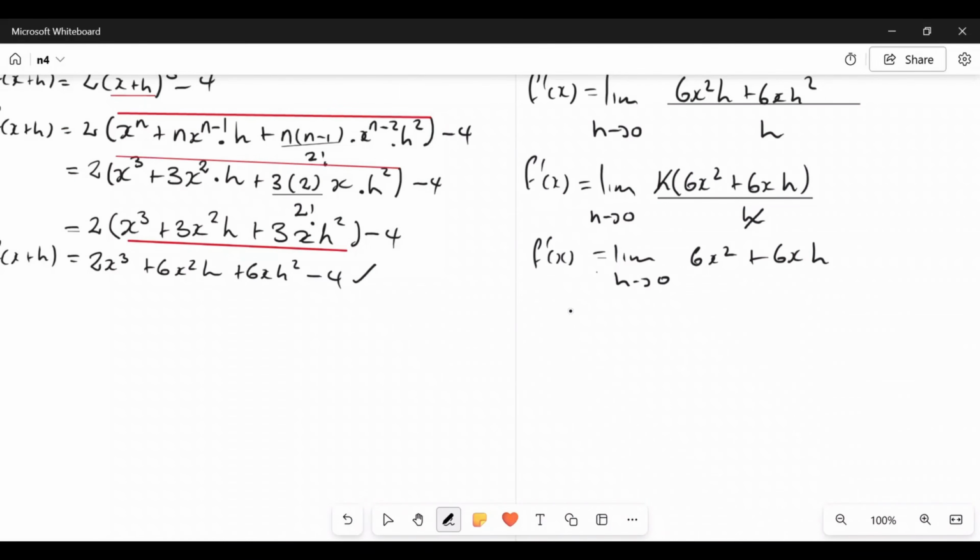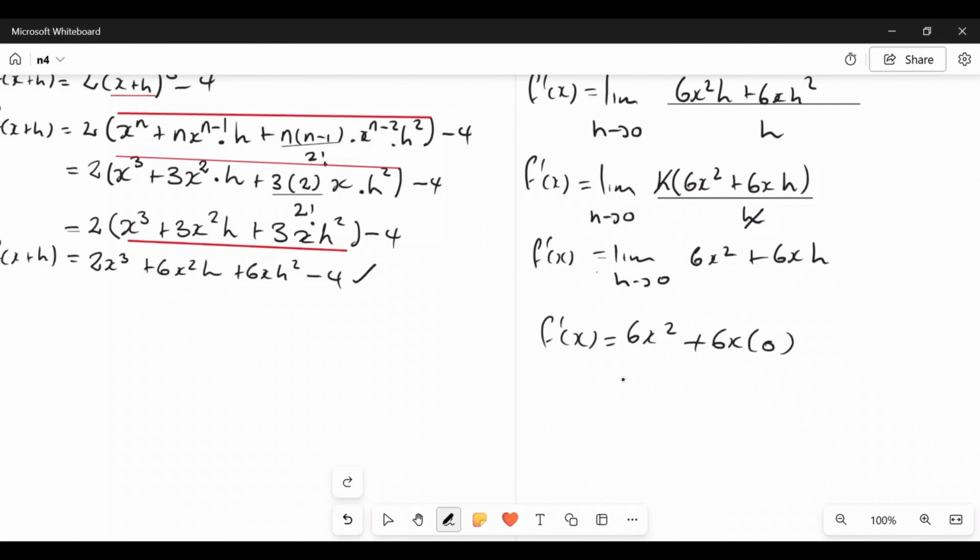From here, guys, we have to substitute h with 0 because our h is approaching 0. So f prime of x is going to equal 6x squared plus 6x, and wherever there is h, it is going to be 0. Remember, h approaches 0, and whenever you do this step, you lose the limit and h approaching 0.